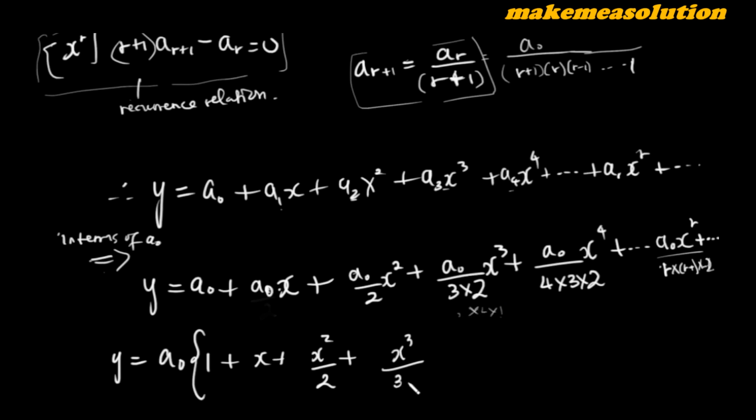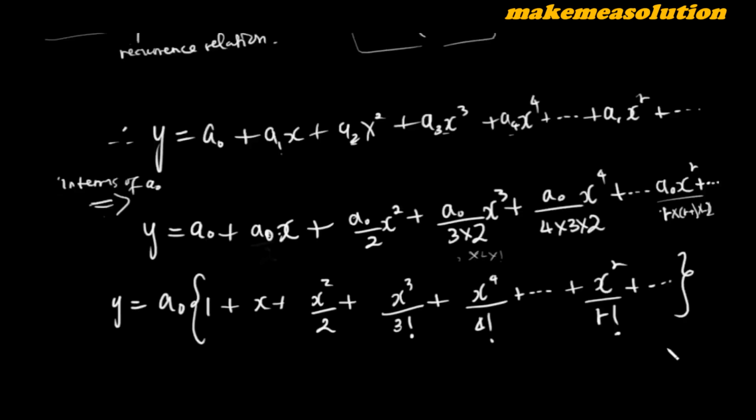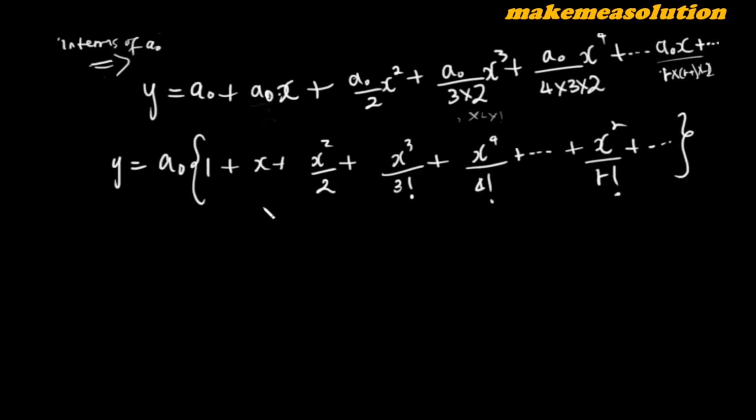This looks to me like a 3 factorial. Is that okay? And plus, this is going to be x^4 over 4 times 3 times 2 times 1, which is still 4 factorial. And it keeps going like that. Plus x to the r over r factorial, and plus dot dot dot. So I can see that this is actually conformant with a series that I know.